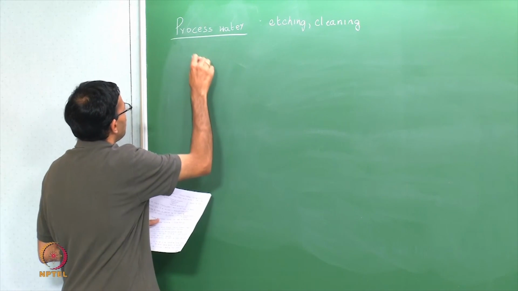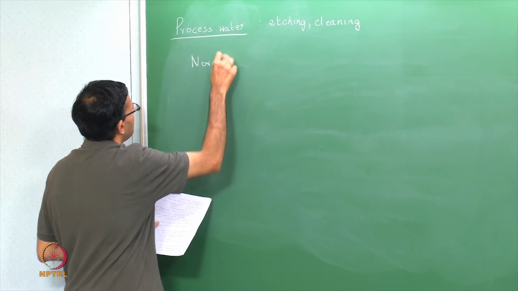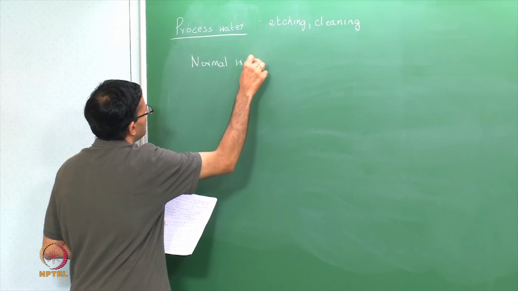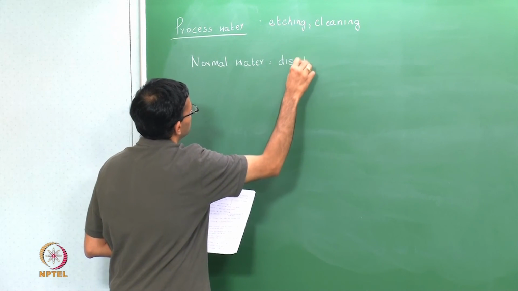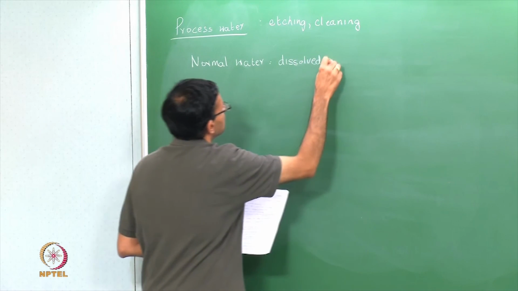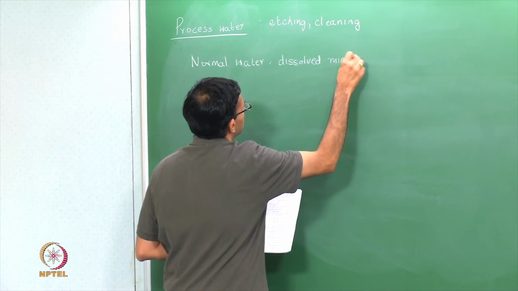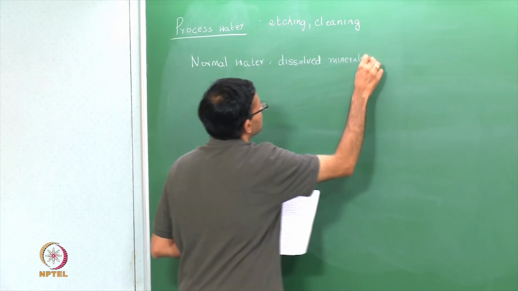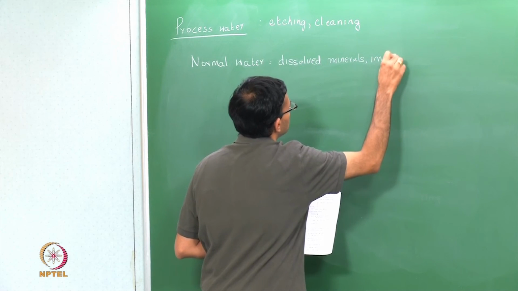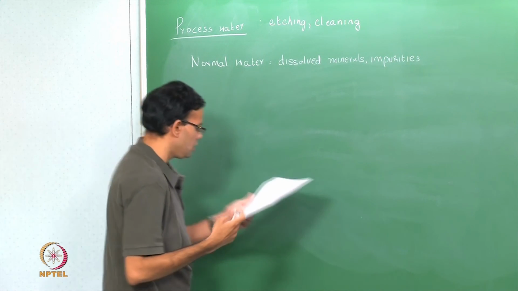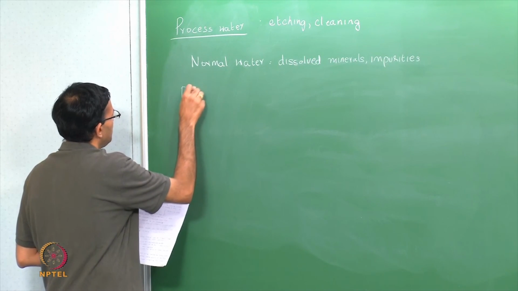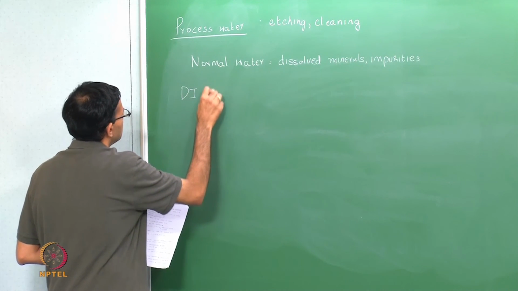So, a normal water source will have dissolved minerals and impurities. So, for clean room work, deionized water or DI water is used.